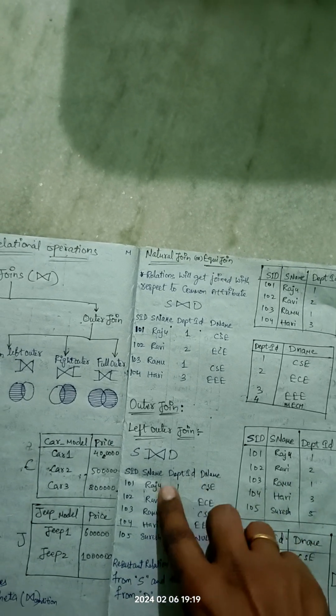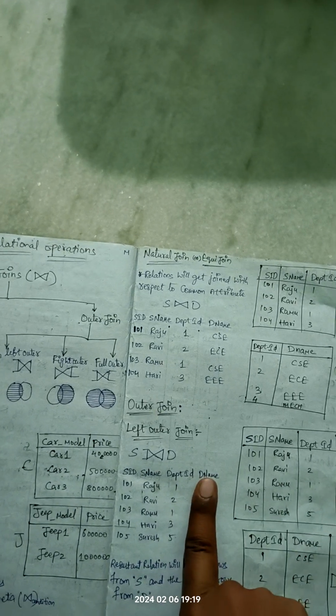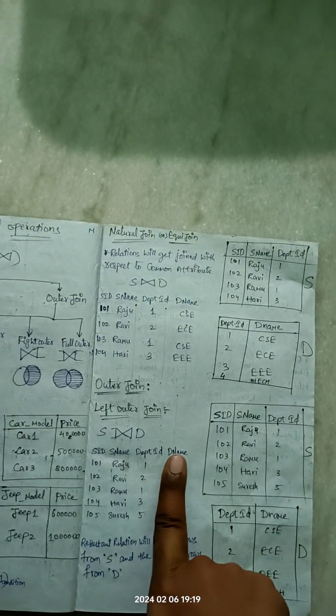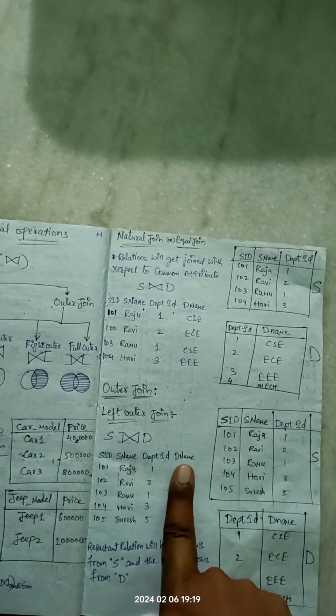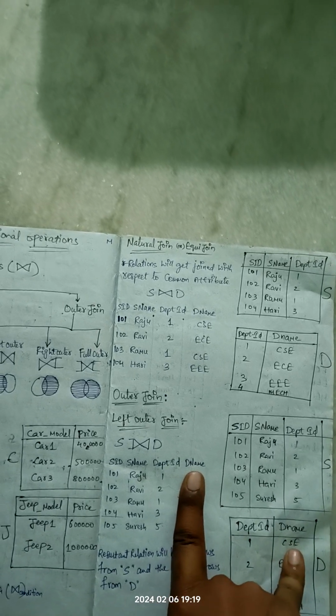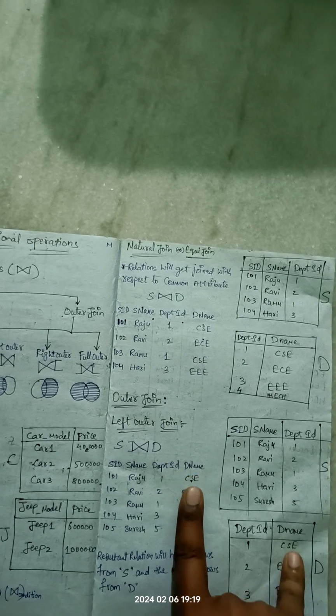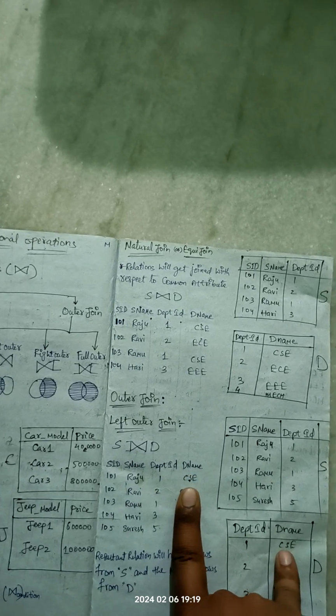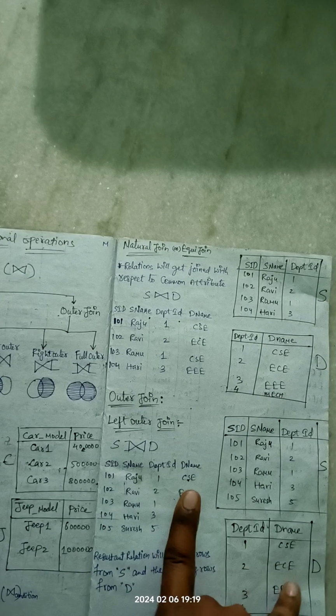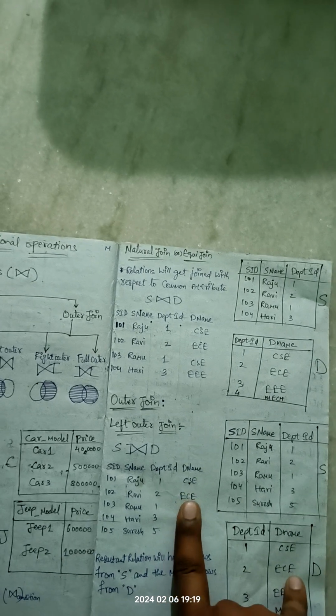For department ID 1, what is the department name? Check here, CSE. For department ID 2, what is the department name? For 2 it is EC. Okay, we have written EC.